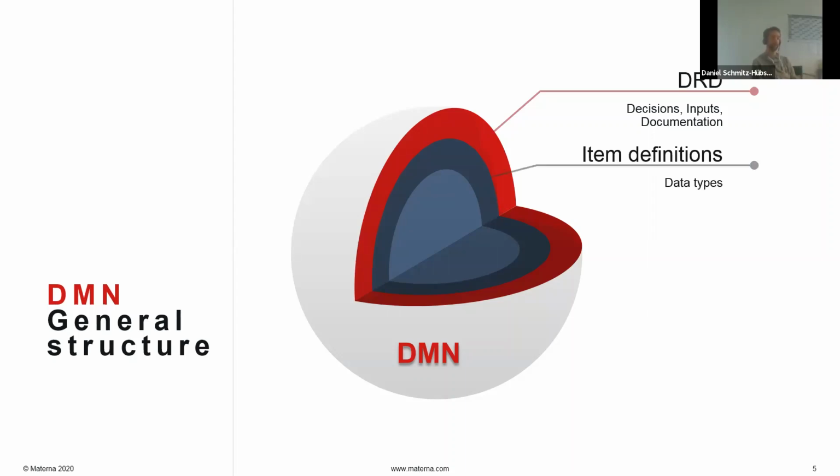In the second layer, there are the item definitions where you define your data types, your complex item definitions. And these are the basis for the logic in the center of the sphere. And there you have all these decision tables, box expressions, FEEL, all the things we talked about. But I want to focus on the outside layer and how it's useful for business analysts.